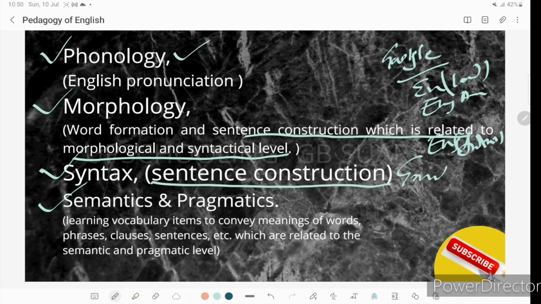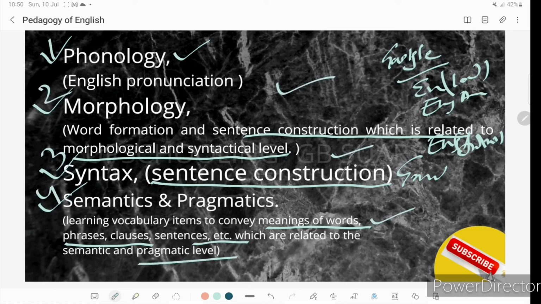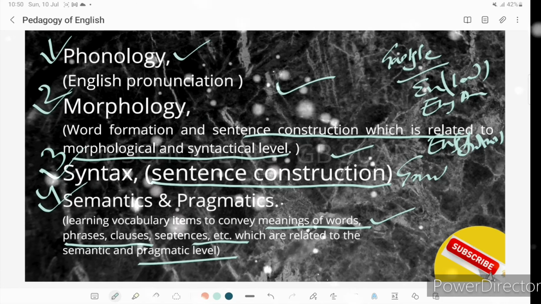And semantics and pragmatics, learning vocabulary items to convey meanings of words, phrases, clauses, sentences, etc., which are related to the semantic and pragmatic level. These are the four areas where errors are committed by Odia learners while speaking English.